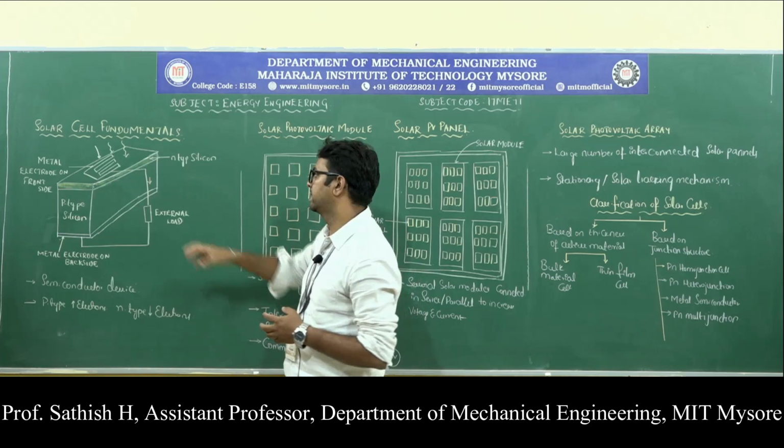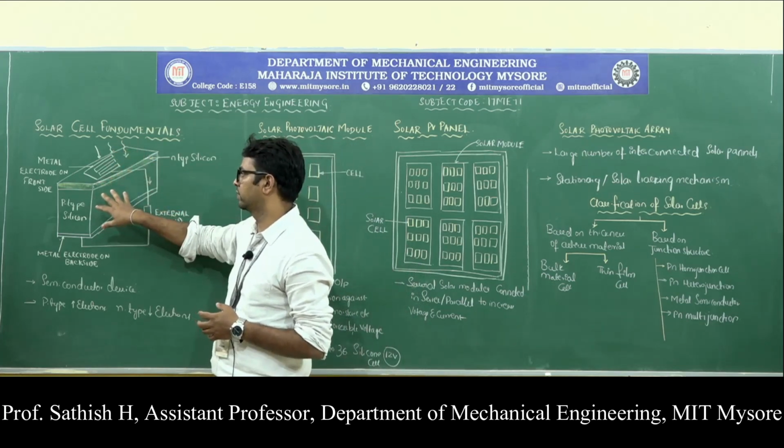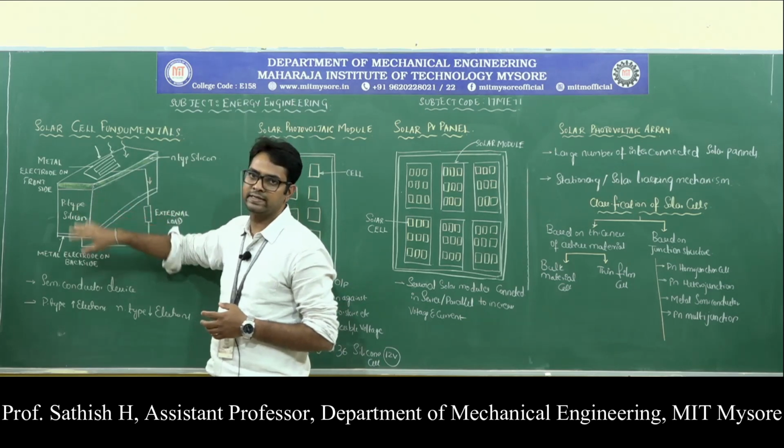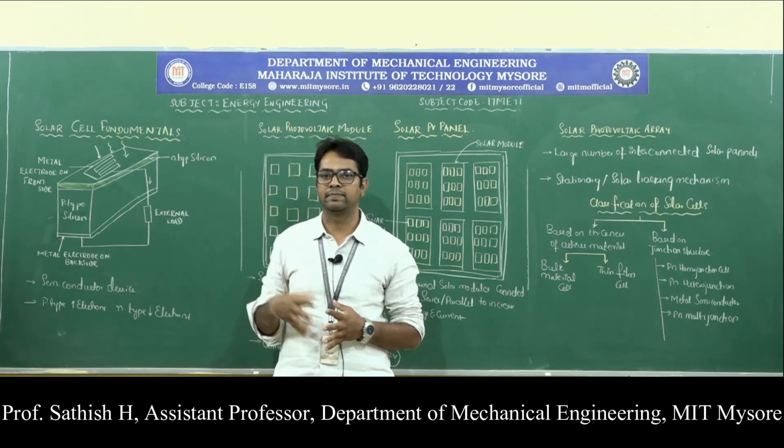When the radiation falls on this semiconductor device, electron movement happens in between the junction, that is the p-n junction.